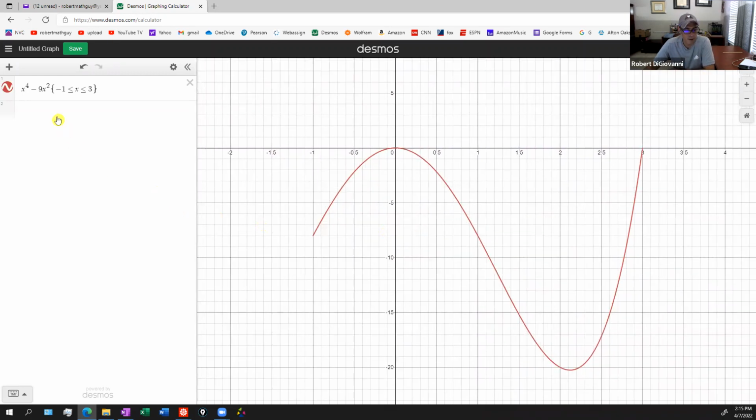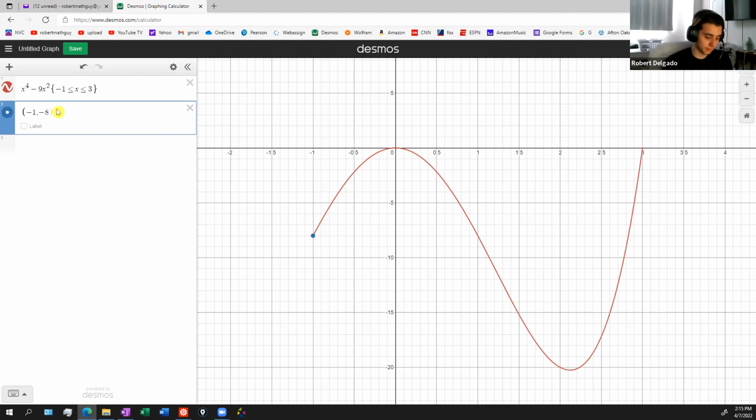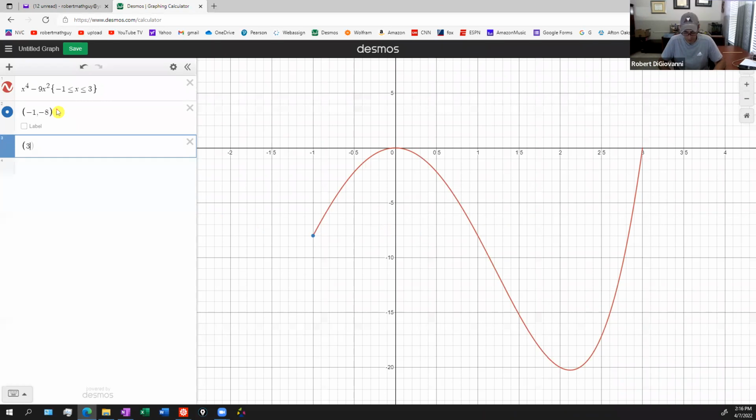At -1, when we plug -1 into the function, didn't we get -8? Yes. That was that left endpoint. Then when we plugged in 3, we got 0, didn't we? That's that right endpoint.